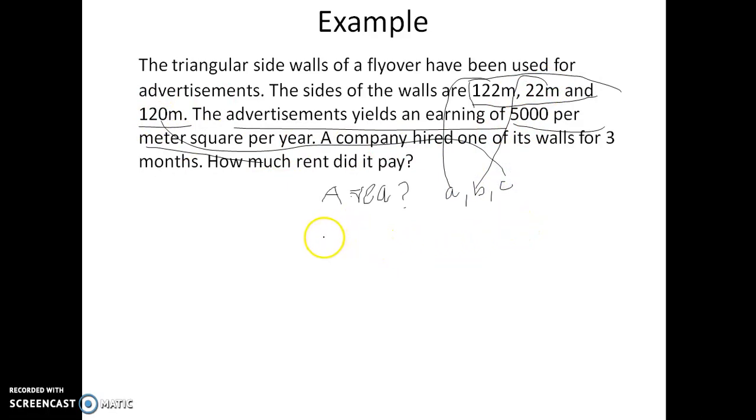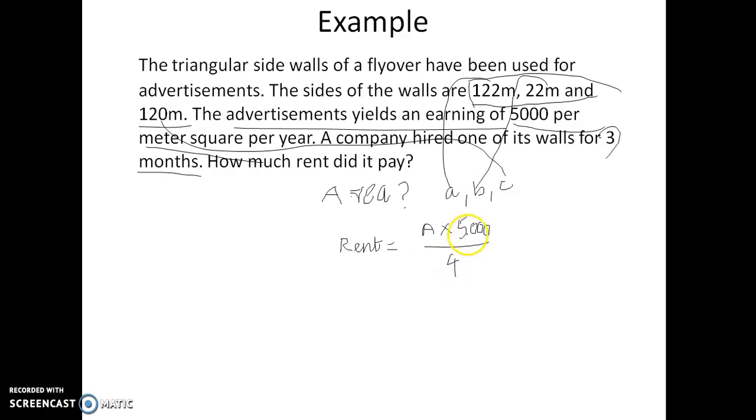And then for the total rent, rent equals the area multiplied by 5,000. Okay, and they are asking for 3 months only. 3 months means we have to divide the year by 4.